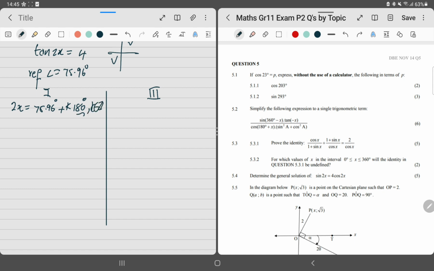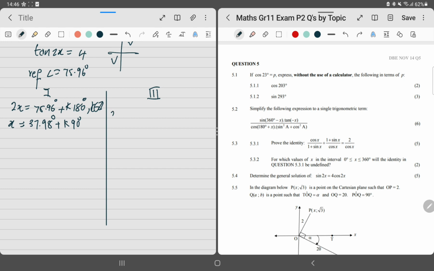Don't forget, for tan we are using 180, but for sine and cos we use 360, because that's the period of the tan graph. So x is equal to 75.96 divided by 2, I'm getting 37.98 plus k, so this will be 90 when you divide by 2.